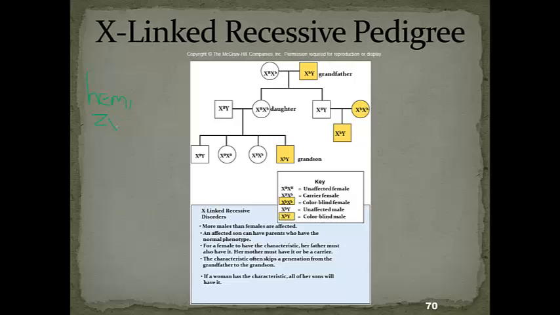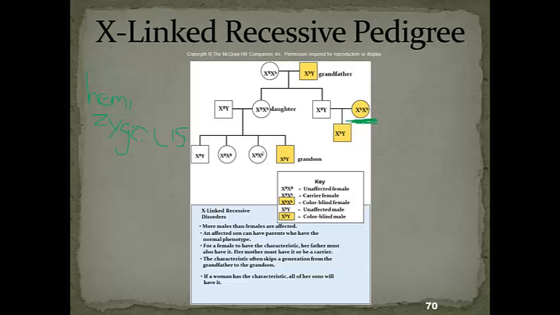Hemizygous, meaning they only get one X, and whatever happens to be on that X is going to get expressed. Females, on the other hand, to express an X-linked recessive trait, have to have 2 copies.